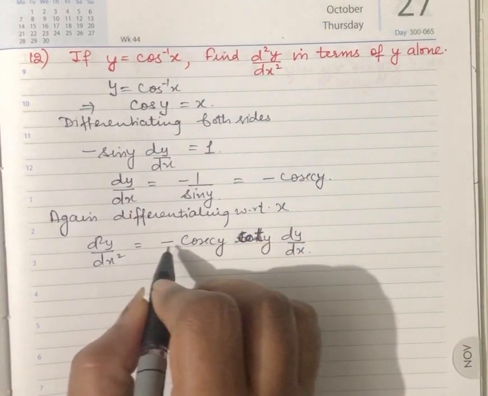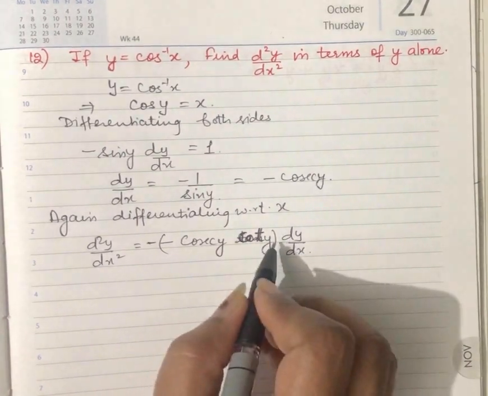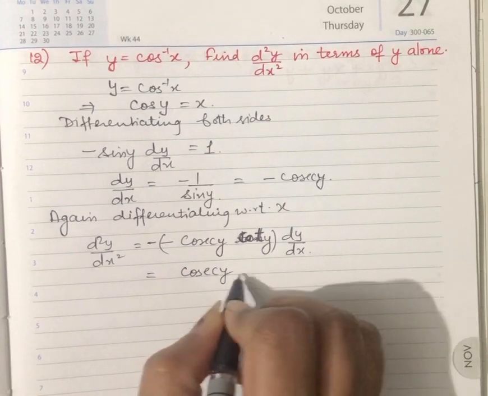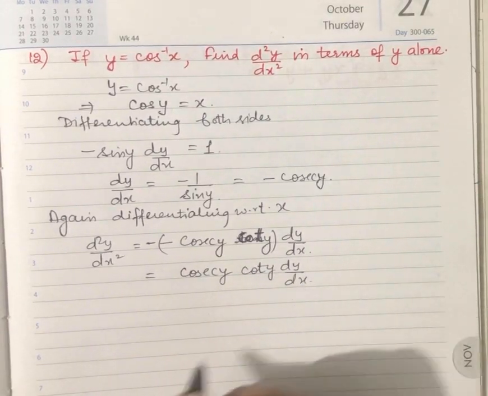And it is minus cosec y cot y. So this can be written as minus minus is plus, cosec y cot y dy by dx.